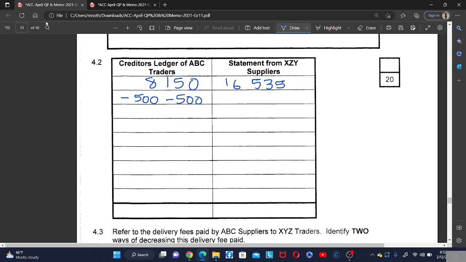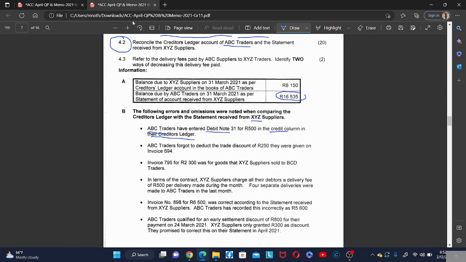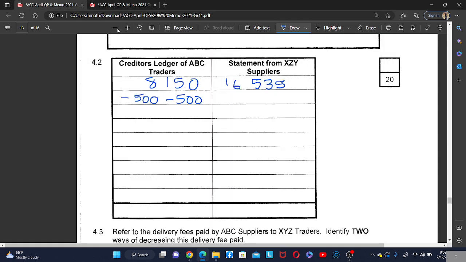Okay, why are we doing this? The first one, remember, because we were returning the goods, the debit note means that we are returning the goods to the creditors. But instead of entering this in the debit side to show that we are decreasing the amount, we entered this in the credit side, meaning that we increased it.